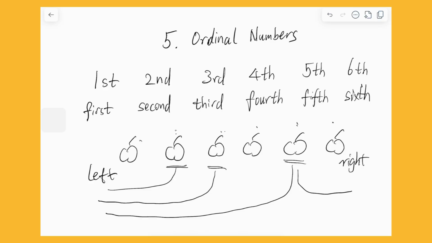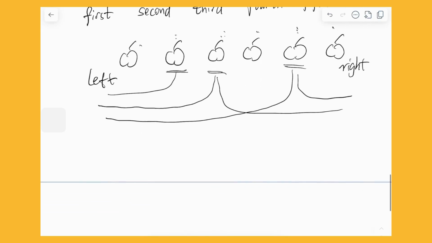And this apple becomes first, second, third, fourth from the right. Now take a look at, for example, the eggs and try counting the ordinal numbers by yourself. Okay, do more practice about this.